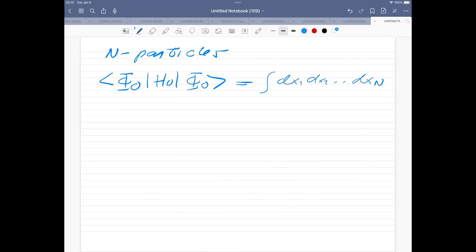Keep in mind that these integrals, which we have defined here, before we, let me just set them up here, and then we would have multiplied with a phi 0 complex conjugate, H0 acting on phi 0. Now, these integrals, if you look at one of them, of d of x, that is the same as a sum over the spin degrees of freedom and the spatial degrees of freedom.